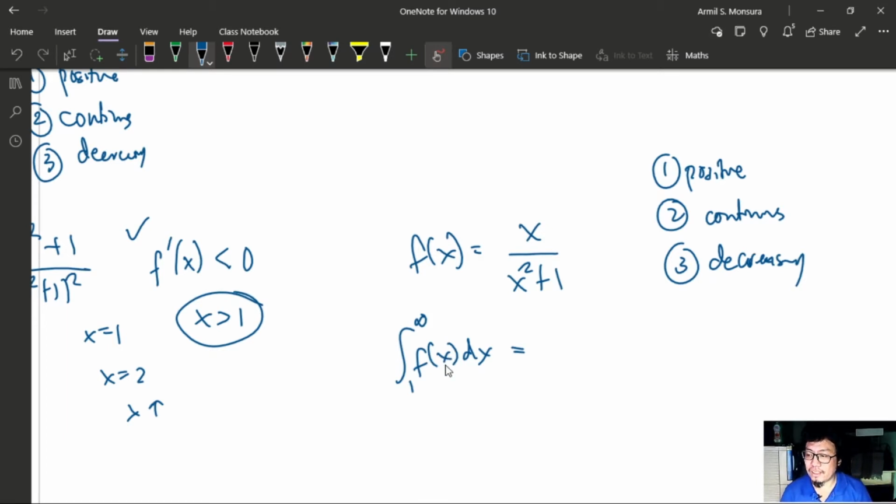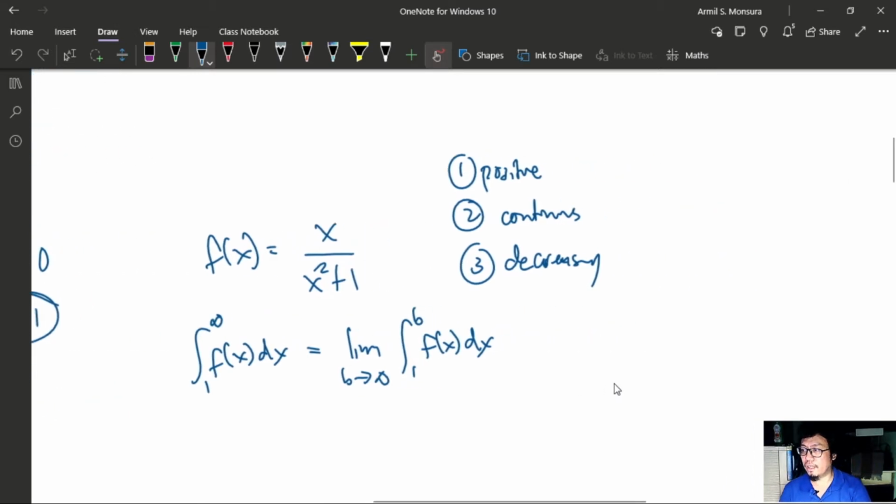And you should be able to get around this by evaluating the limit of this integral, or evaluating the limit of the integral from 1 to a variable b, as b approaches infinity. That's how we work on this integral. So let's proceed with that.